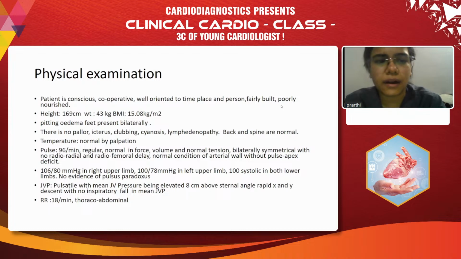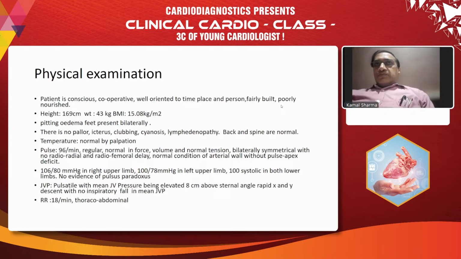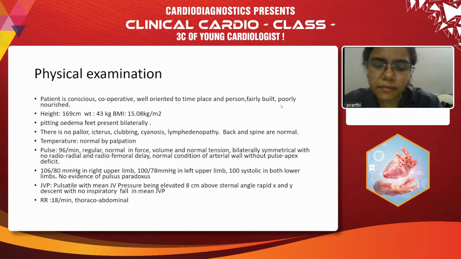So the heart rate is almost 96. On admission, it was 120, 130. What does this heart rate tell you? Sir, it is a compensatory mechanism in patients of constrictive pericarditis due to decreased cardiac output.